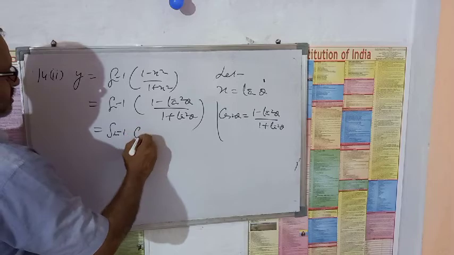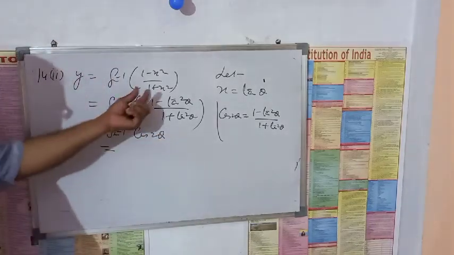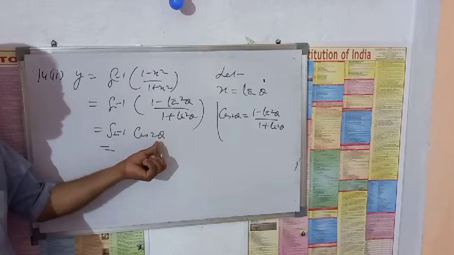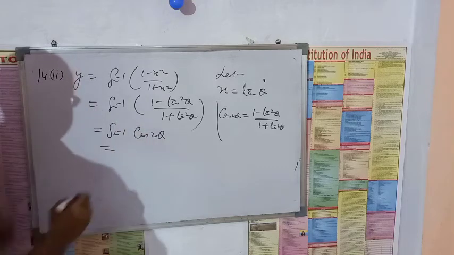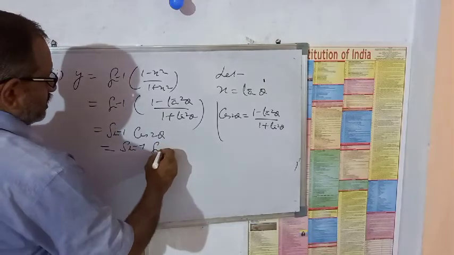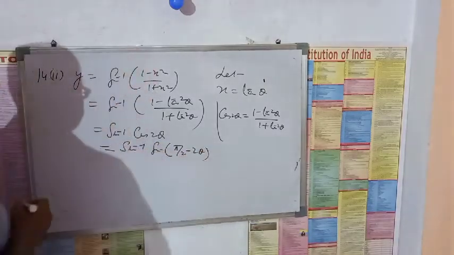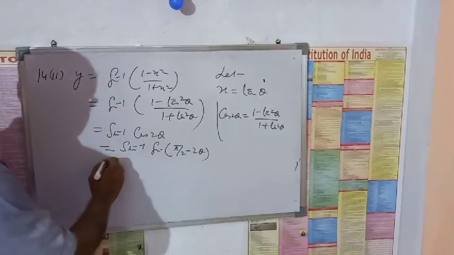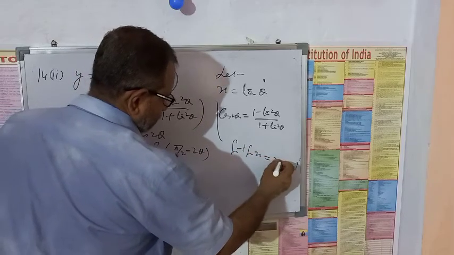Sine inverse cos 2 theta. But we have to change this one in terms of sine, and here it is coming cos. So again we can change cos into sine. Sine inverse, we can write here sine of pi by 2 minus 2 theta. Sine 90 minus theta is cos theta.